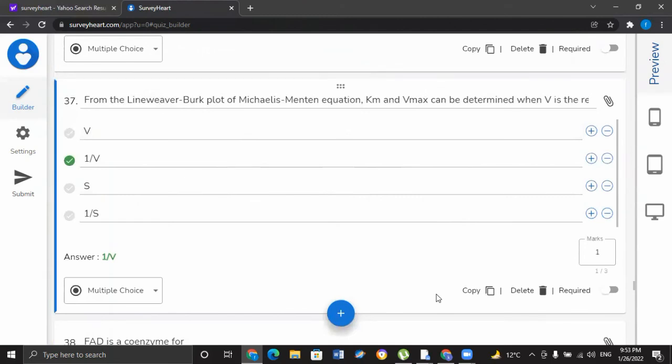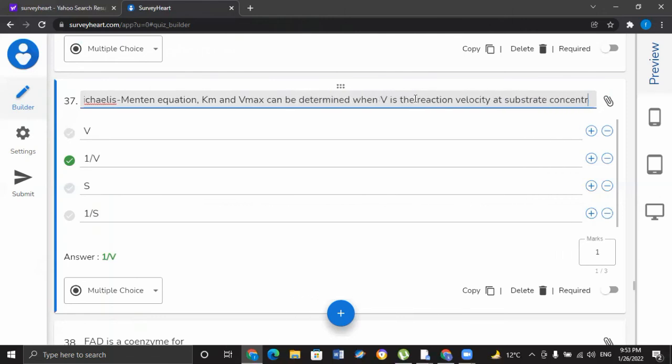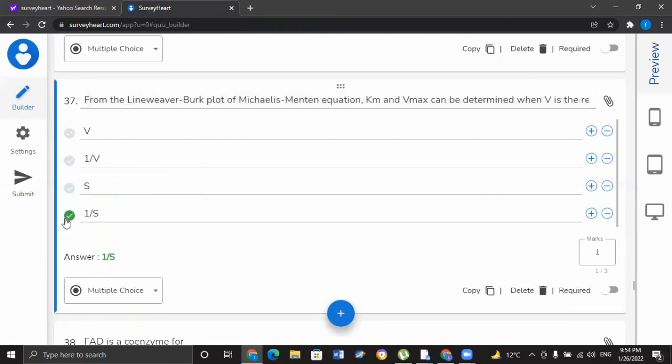हाँ जी. अच्छा, आपका Lineweaver-Burk plot है Michaelis-Menten equation का, Km and Vmax can be determined when... अच्छा, जो Lineweaver-Burk plot है ना, उसकी x axis के ऊपर हम लोग 1/S, substrate concentration लेते हैं, while on the y axis we get 1/V, जो velocity है आपकी. तो from the Lineweaver-Burk plot, Km and Vmax can be determined when v is the reaction velocity at substrate concentration s. तो x axis के ऊपर हम लोग 1/substrate concentration measure करते हैं, जबकि velocity का जो inverse है वो हम लोग y axis के ऊपर लेते हैं.